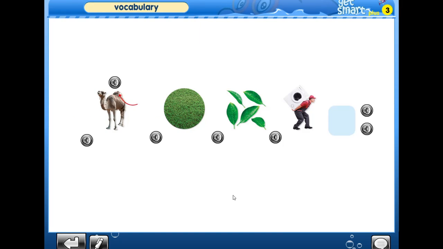Alright, now let us look at this vocabulary. Look at the pictures and look at the words as well. Okay, now read after the teacher. Ready? We go. This part. What is this part called? Hump. Okay, read after the teacher.